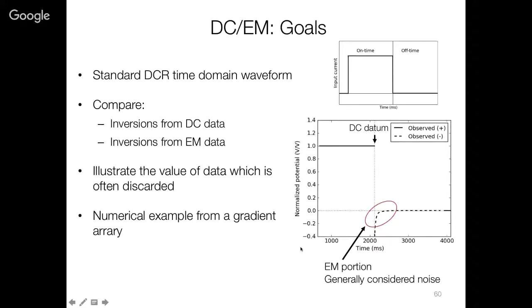Okay, so I've illustrated this before, but I'd like to look at it again. So here's what we ordinarily have for our DC resistivity, and what I'd like to do now is talk about what actually happens with this problem and the effects of the EM signal on your data, and the fact that it's generally thrown away is actually really useful.